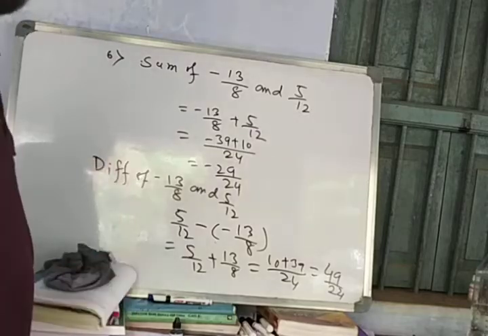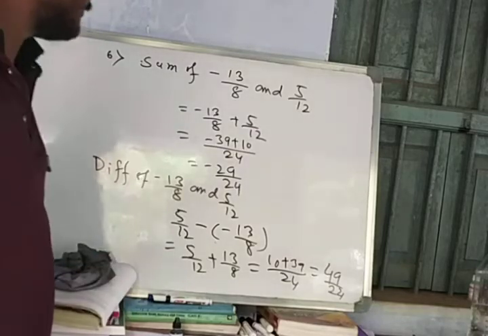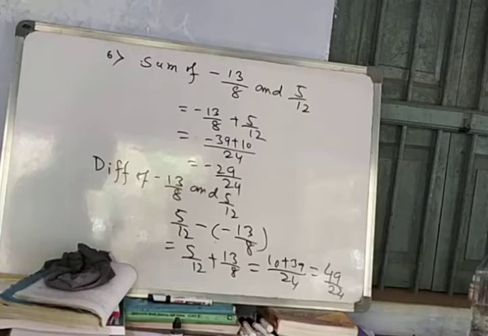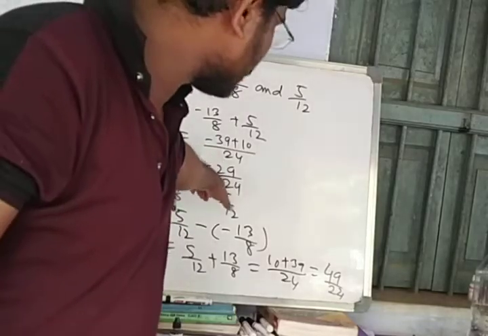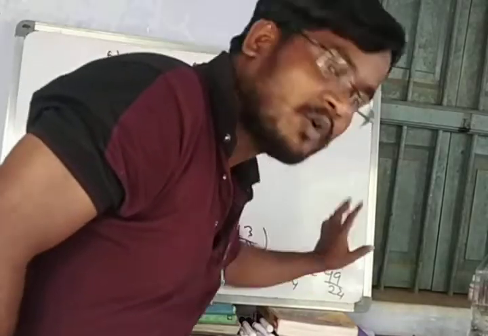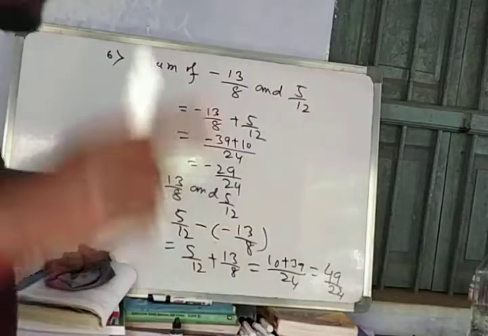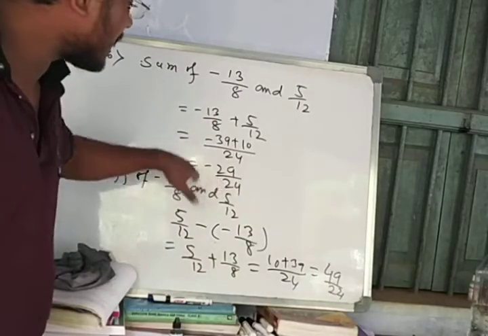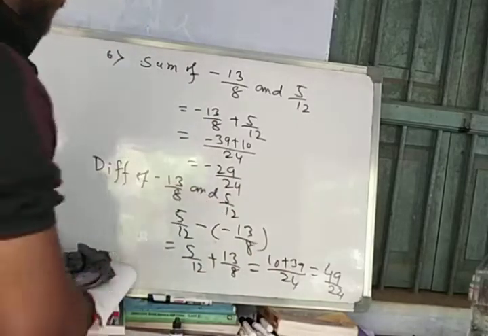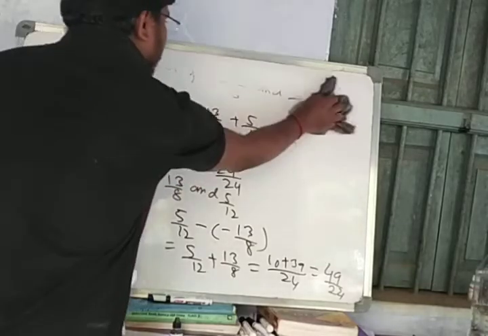49 by 24. Now you have to divide minus 29 by 24 by 49 by 24. Here the question is given. You have to divide the sum by their difference. Therefore, now divide this.